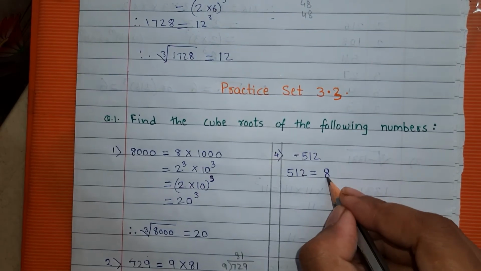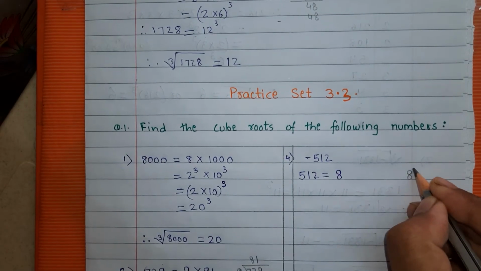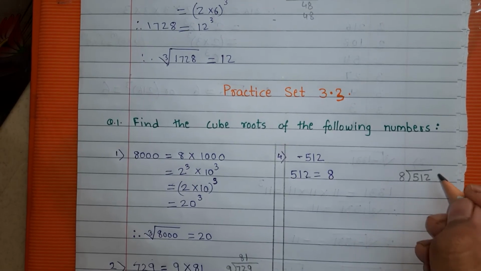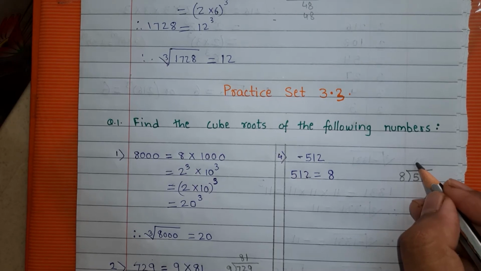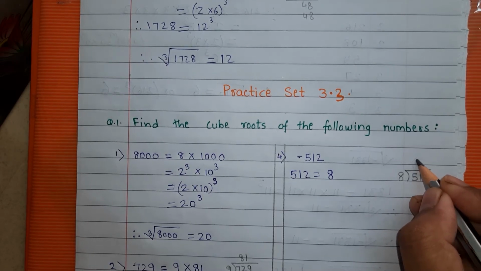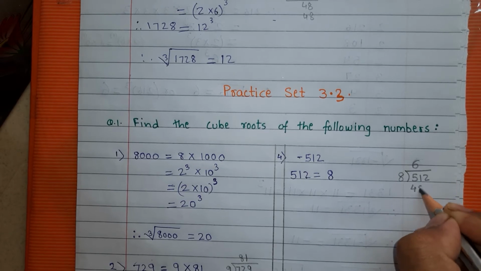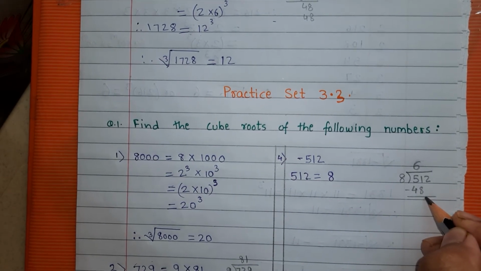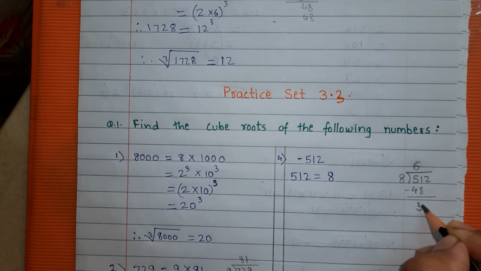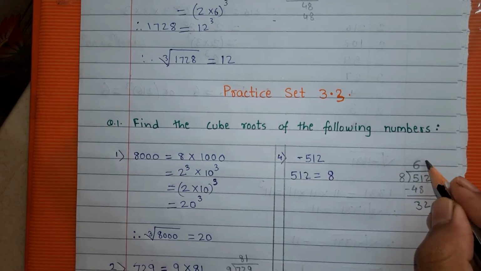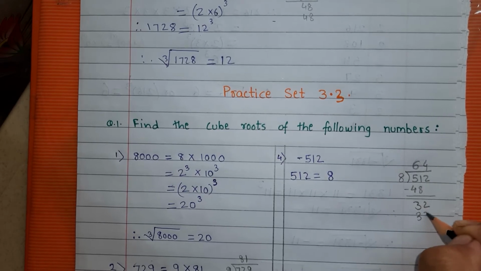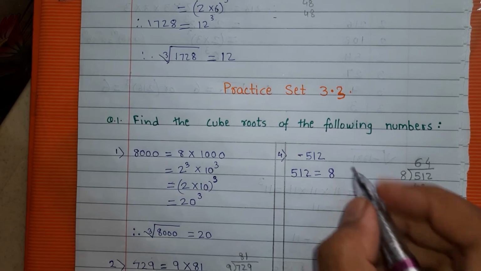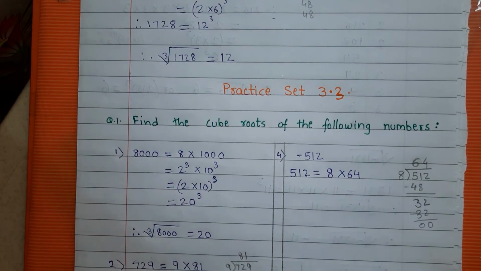So we will directly take 2 into 2 into 2, that is 8, and we will check what is the answer of division. 8 6s are 48. Subtraction: 51 minus 48 is 3, and then 2. 8 4s are 32, means 512 is divisible by 8 and the answer is 64.